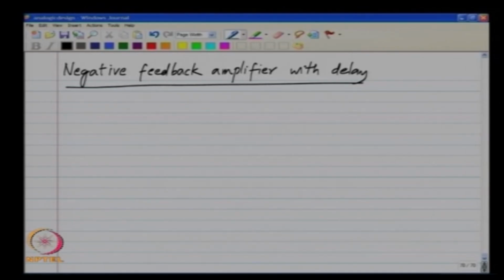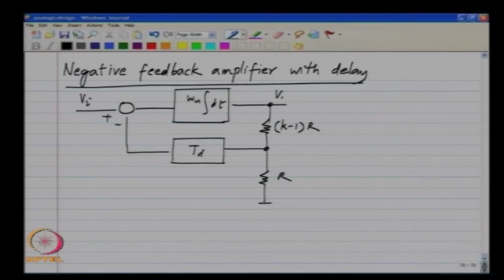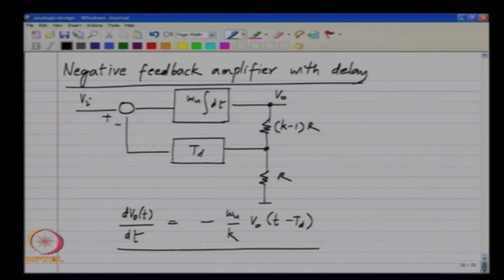We have seen that if you have a delay in the negative feedback loop, it can be modeled using a delay Td in the feedback path, and this gives a differential equation in which the derivative has the same shape as the delayed function. The particular solution for a given input can be obtained by substituting the right boundary conditions, as we saw yesterday.